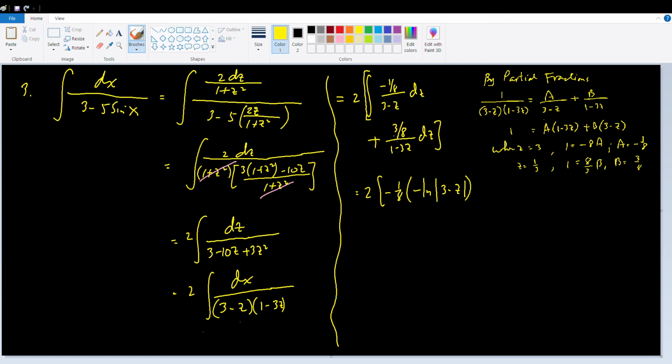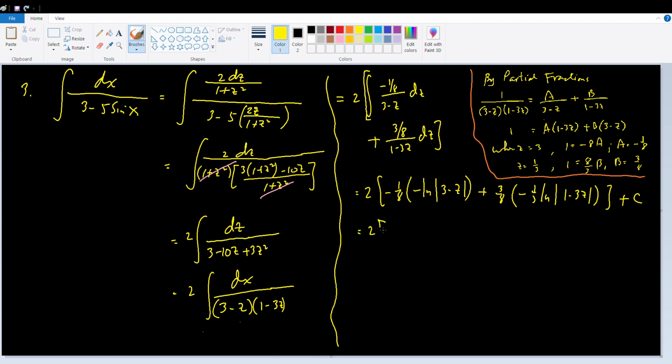Okay, then plus 3 eighths ln of, okay, so we integrate dc over 1 minus 3c. The derivative of 1 minus 3c is negative 3, so that should be negative 1/3 ln of absolute value of 1 minus 3c plus c.